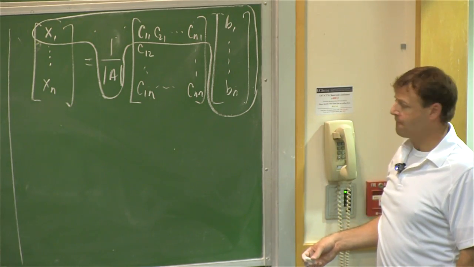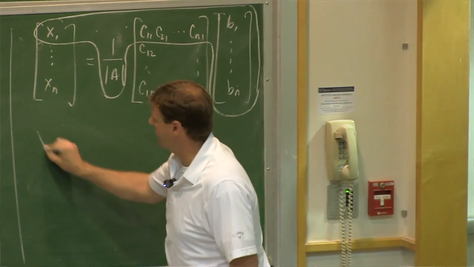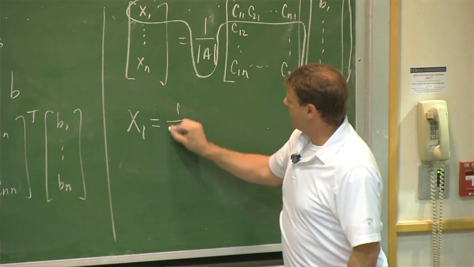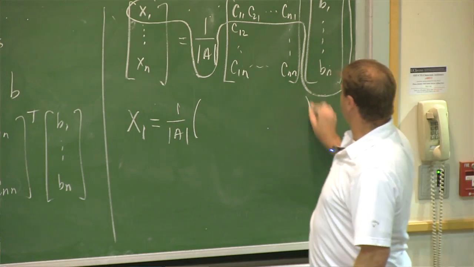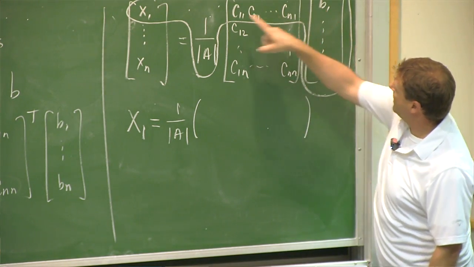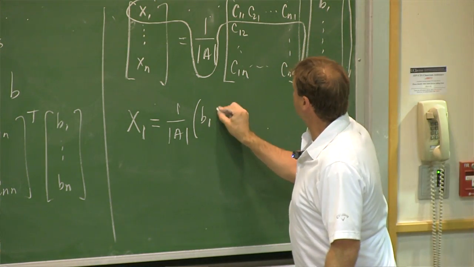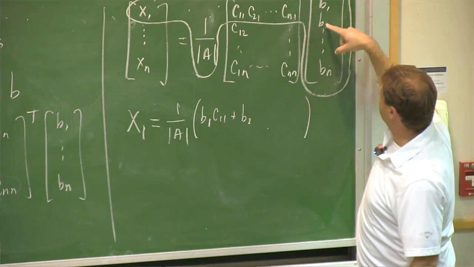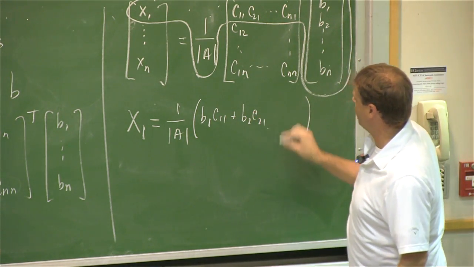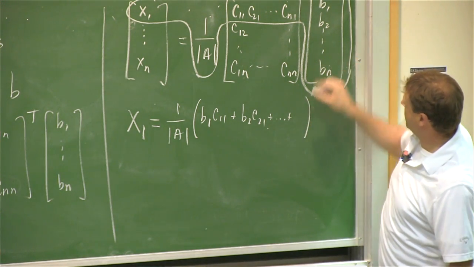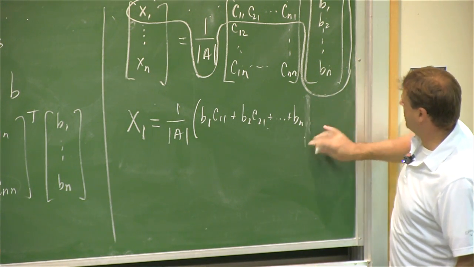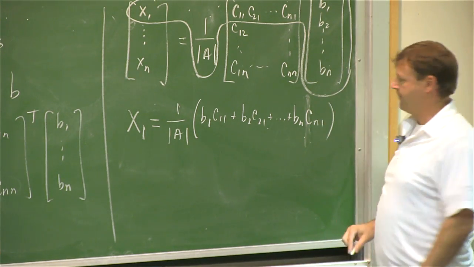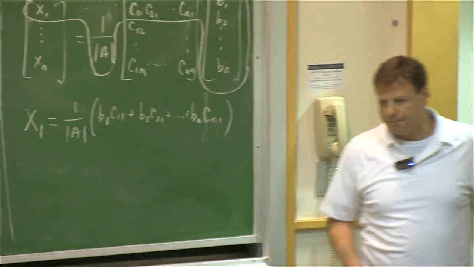So let's write out what x1 is. x1 is equal to 1 over the determinant of A times, okay, B1 times this, plus B2, that's the next one, times this guy, C21, plus dot dot dot, plus Bn times the last one, Cn1. Okay, you believe me?